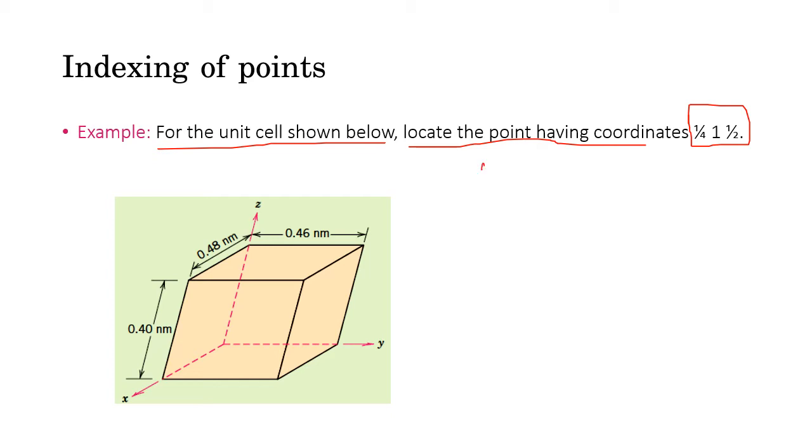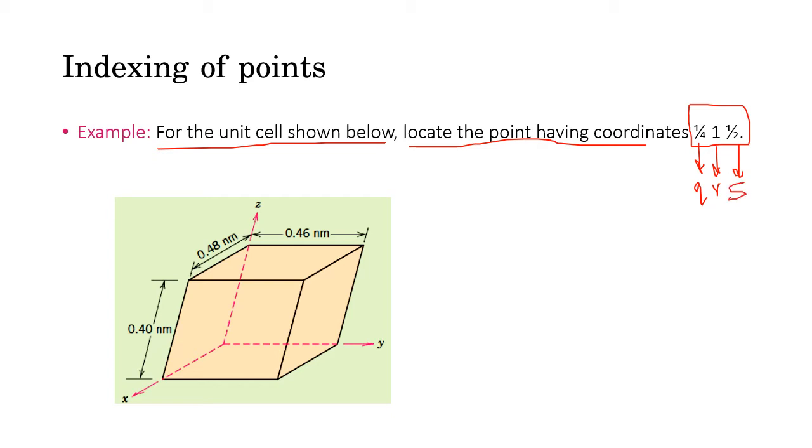So 1/4 is the fraction of edge length along x-axis, so this is Q. 1 is the fraction of edge length along y-axis, which was R, and half is the fraction of edge length along z-axis, which is S.